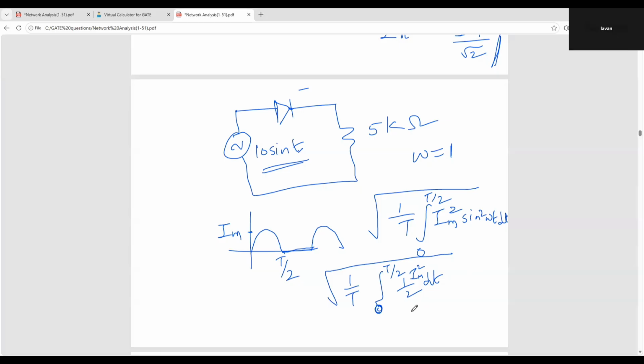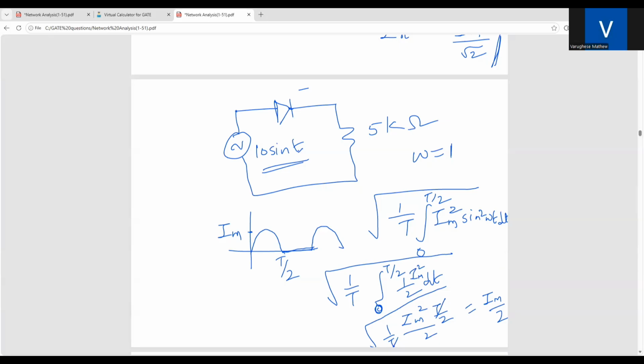So now I integrate this. I get Im squared T by 2 by 2, times 1 by T, root of this. This T and this T will get cancelled. You'll get Im squared by 4. Root of Im squared by 4 is Im by 2. So the half-wave rectifier IRMS is Im by 2.